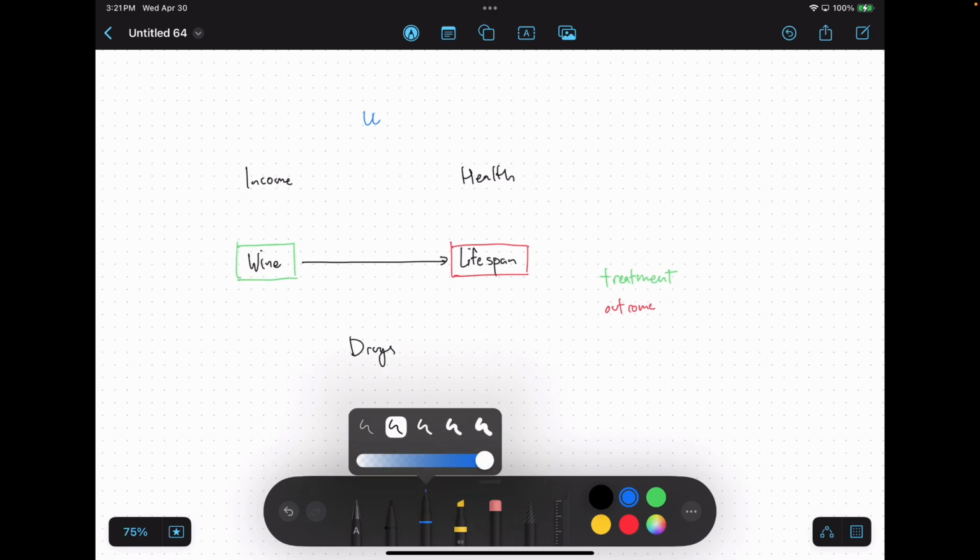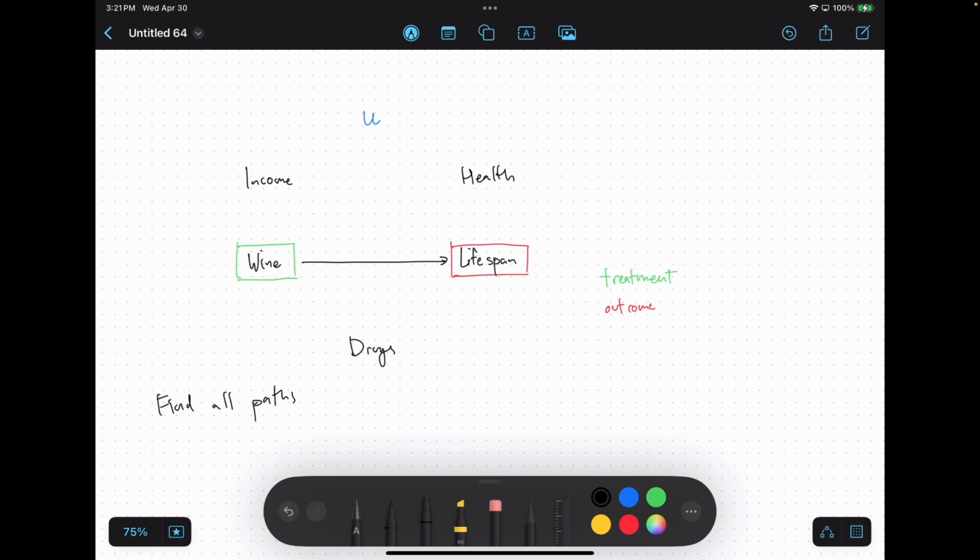Okay, so here we want to find all paths.